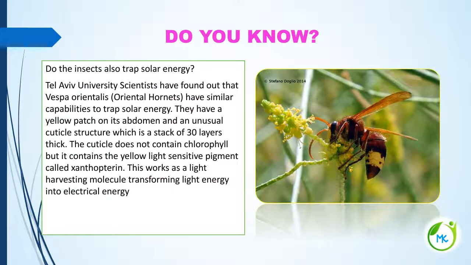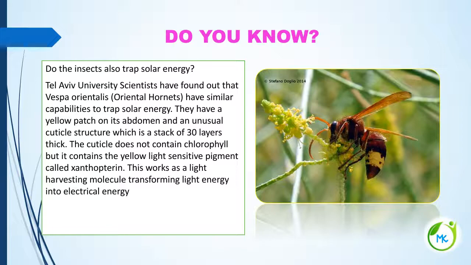Next, do you know? So now we have seen in the process of photosynthesis, the plants are going to trap the solar energy. Do insects also trap solar energy? Yes, of course. Insects also trap solar energy.